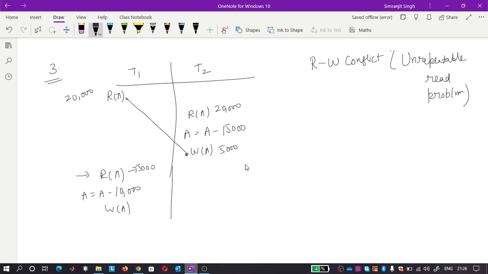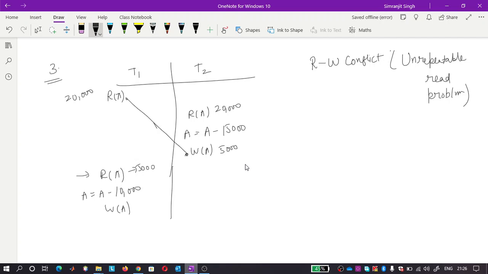The only problem is that T1 should think that I have not made these changes, so who made them? Because of the isolation property, T1 is not aware of any other transaction, so it may think that there is some problem in the database that it is changing on its own. That may be a problem here, and that is something we never want.